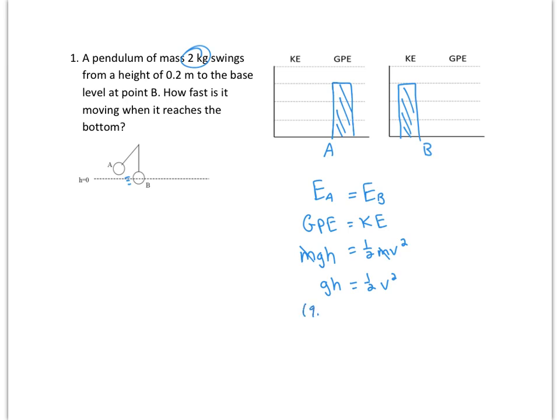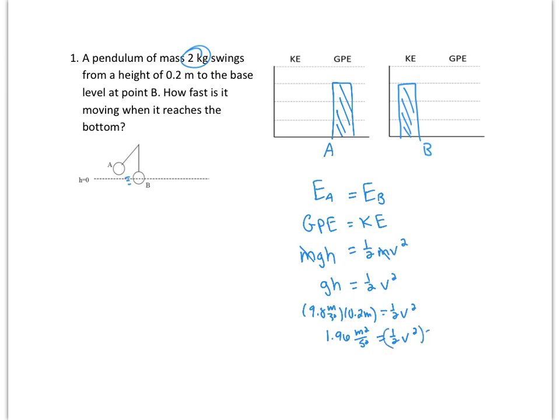So 9.8 meters per second squared times 0.2 meters equals 1/2 v squared. 9.8 times 0.2 is 1.96. This ends up being meters squared per second squared equals 1/2 v squared.